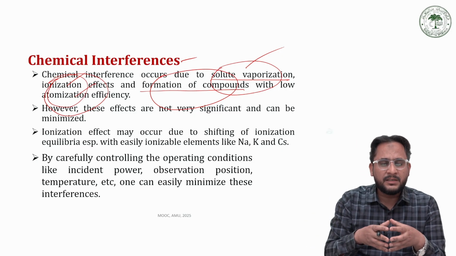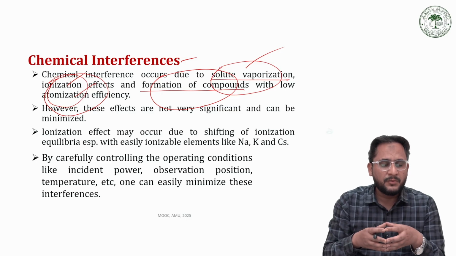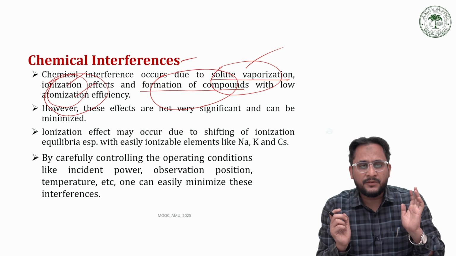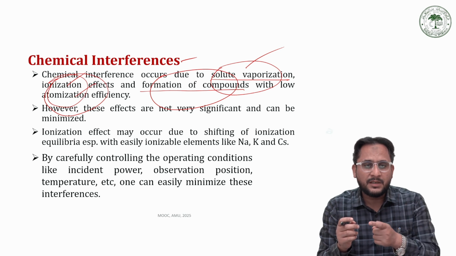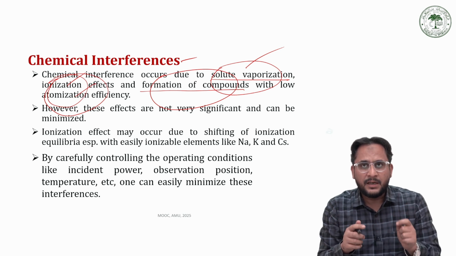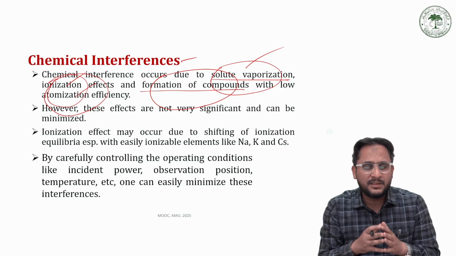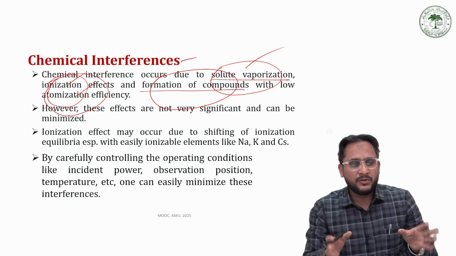This creates low reproducibility in the results, because when we do the analysis a second time, the extent of this interference may not be the same, so it may give a peak of different height, and we have two different values of concentration. So I can say that these chemical interferences cause low reproducibility.